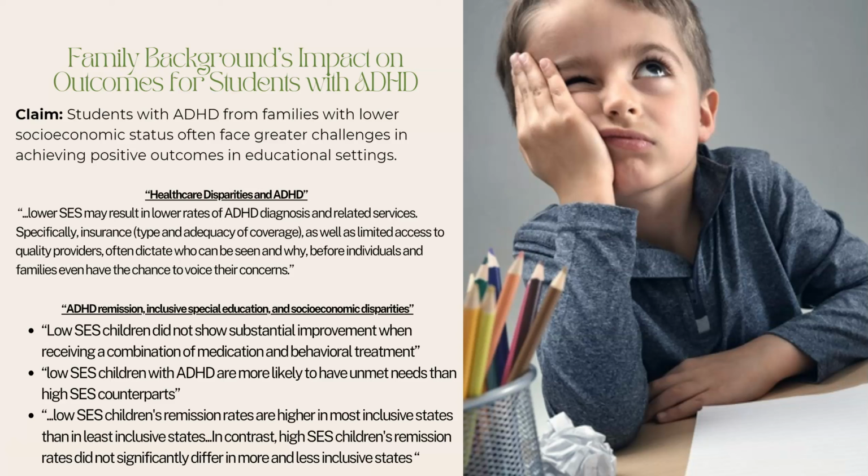Low SES children with ADHD are more likely to have unmet needs than their high SES counterparts, and low socioeconomic status children's remission rates are higher in the most inclusive states than the least inclusive states. However, in contrast, high SES children's remission rates did not vary significantly in more or less inclusive states, showing us that those low SES students are still at a higher risk of not going into remission for their symptoms.